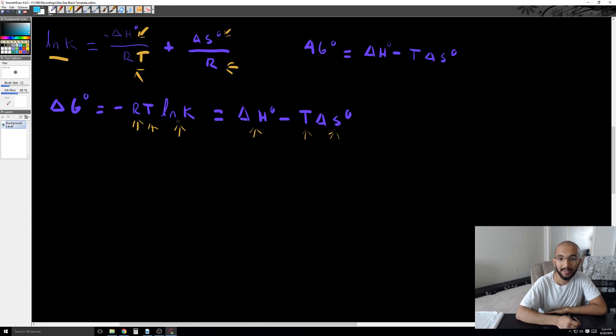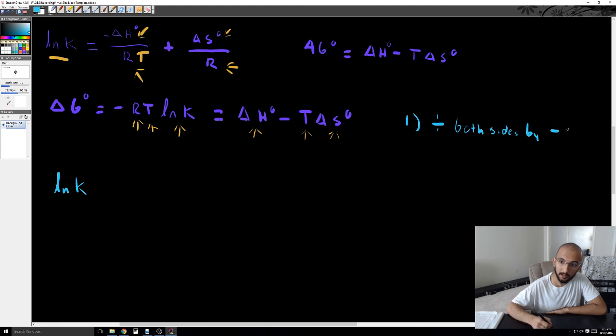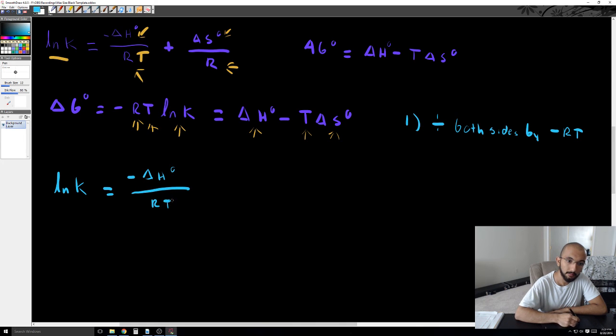Well, we know we want ln K on one side, so let's start with that. If we divide both sides by negative RT, we'll get ln K is equal to negative delta H over RT, the negative one up top, and then minus T delta S over RT.